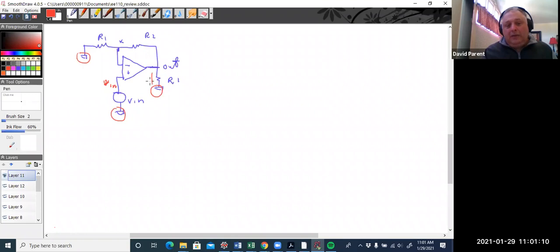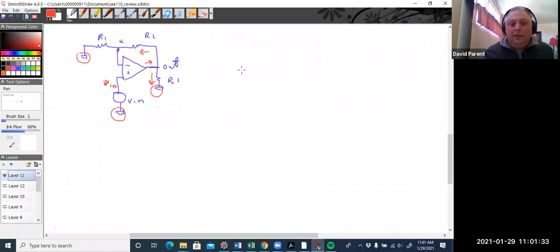you might say, yeah, but there's a current coming out of here, right? And there's a current coming out of the op amp, and there could be a current now here. The thing is, this is really a behavioral voltage source, and it can supply any current to set a voltage.